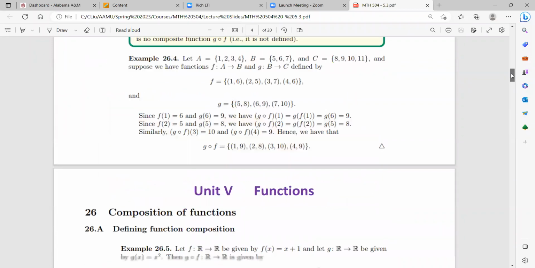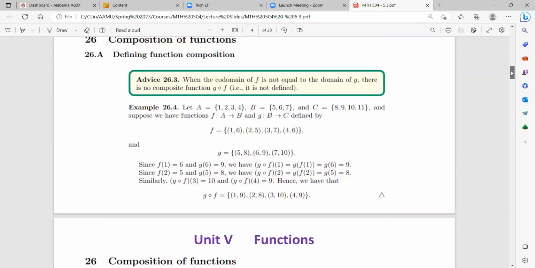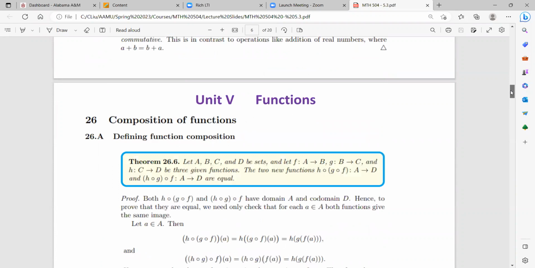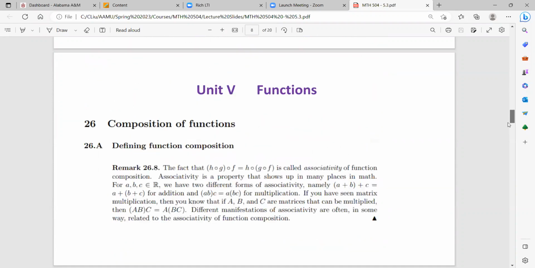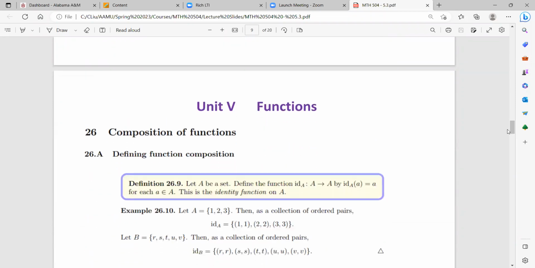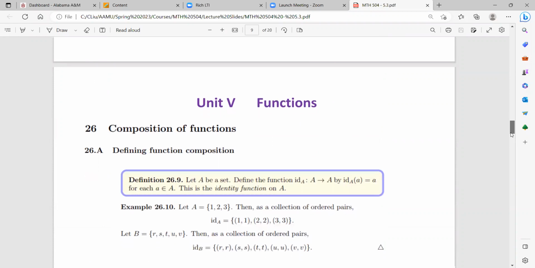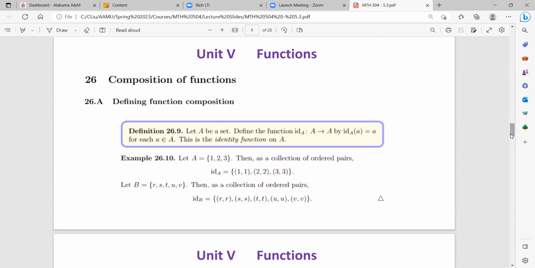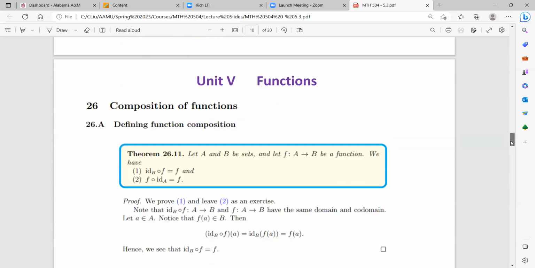So then the other thing I think is the identity mapping. We defined the identity mapping essentially as mapping any element to itself. So the identity map is from a set to itself. Pretty simple, and it really doesn't do anything. If you do the composition of the identity mapping with any mapping, it doesn't change that map at all.